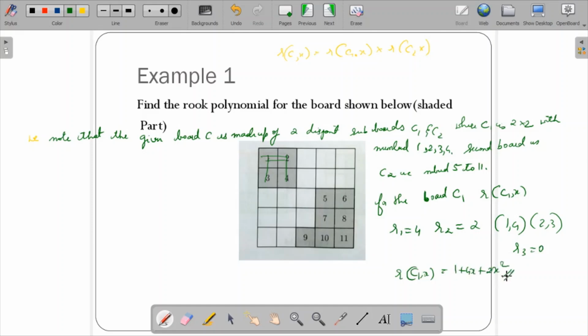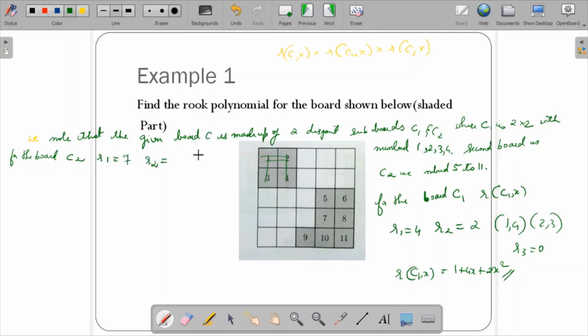Now for the remaining board, the board C2, R1 is equal to 7, counting 1 2 3 4 5 6 7. Then R2: what are the pairs?